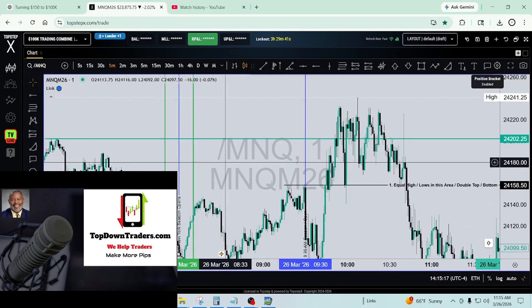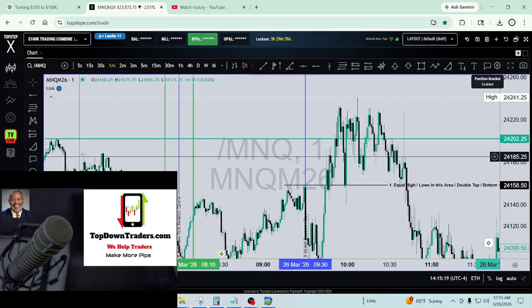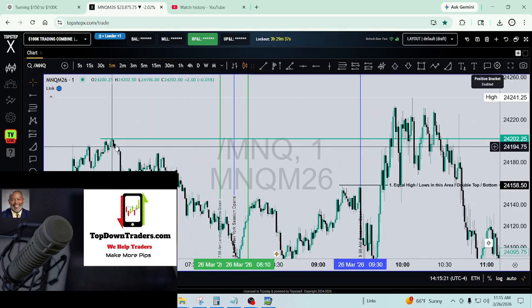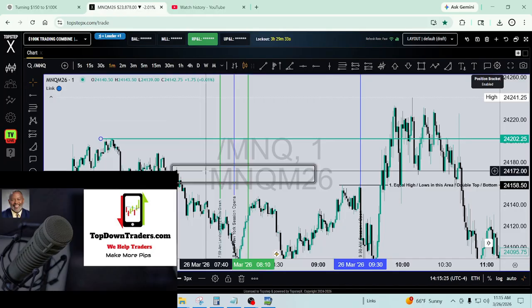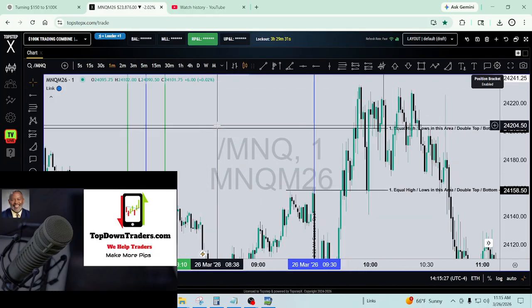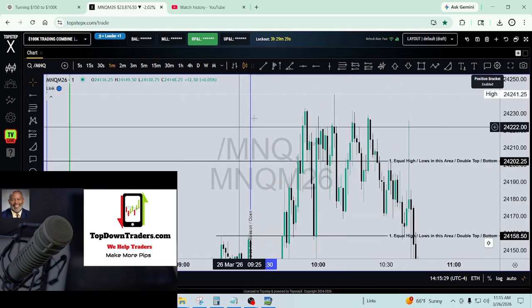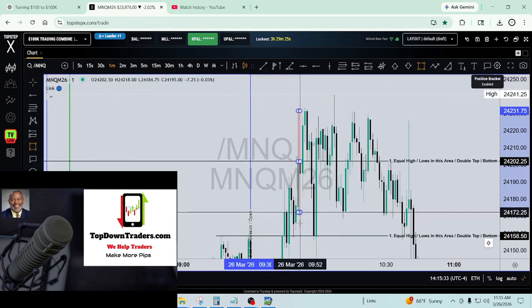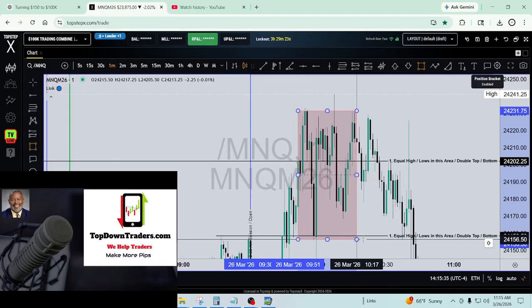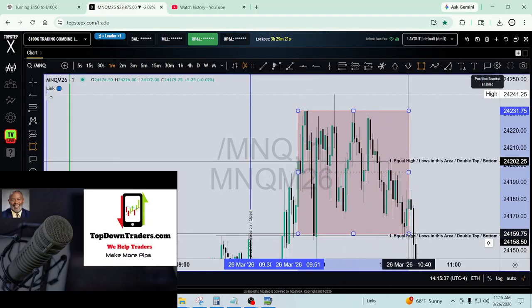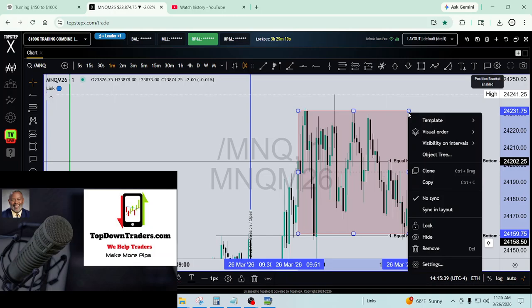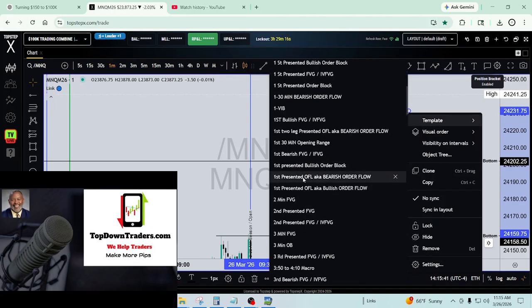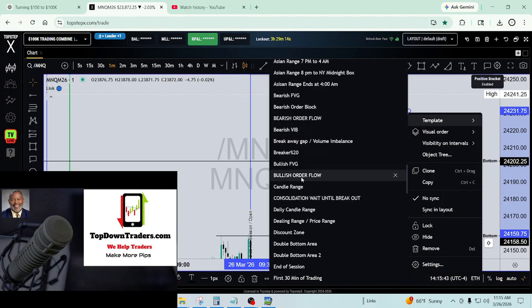Now, once price then attacked this side to the left, again, these are relatively equal highs. I could have labeled that equal highs and lows, double tops, whatever. Then it consolidated from this level to this level, and I call this consolidation.